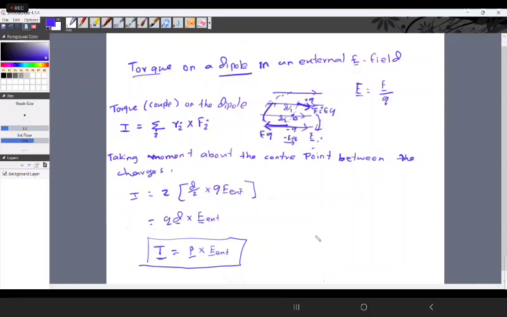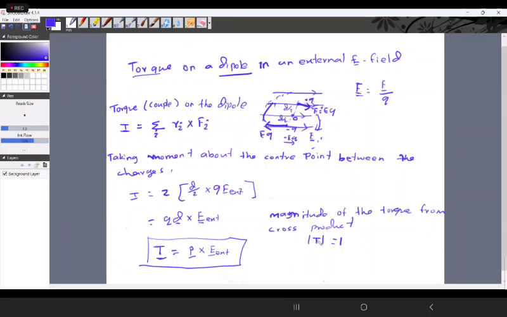Under this, write down the magnitude of the torque from the cross product, the mod of tau. We know that if A cross B, then the modulus of A cross B is equal to mod of A, mod of B sine theta, and the direction will also be there, right?